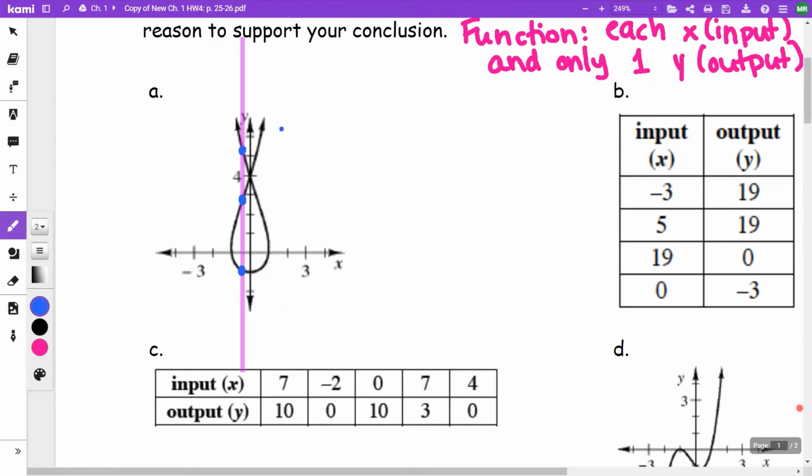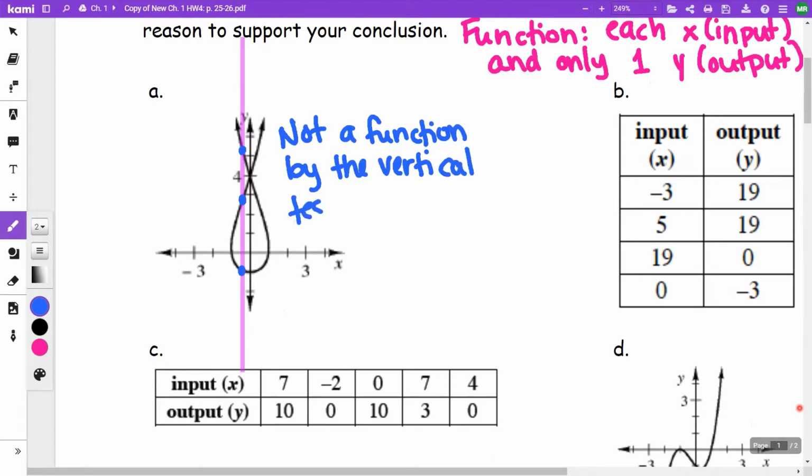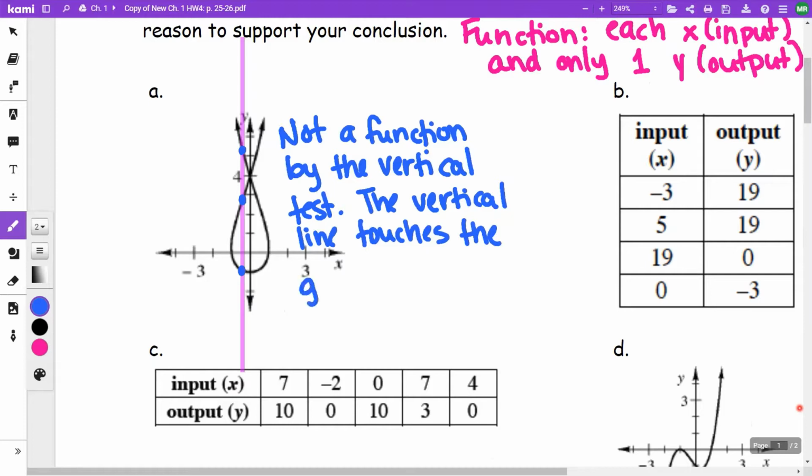So this is not a function by the vertical line test. The vertical line touches the graph at more than one spot. I should say point.